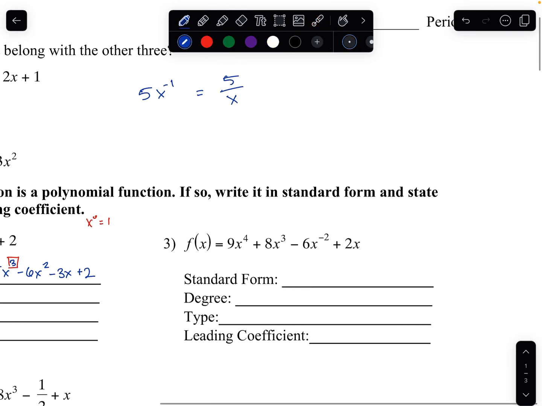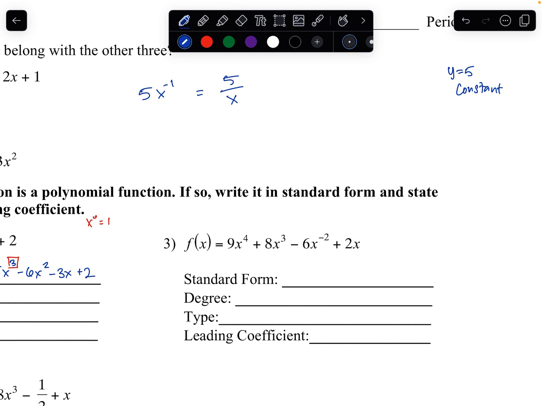You need to remember the types. If x is of degree 0, meaning you just have a constant, so let's just say, for example, y is equal to 5. This has no x term in it. That means x is to the 0 power. This is a constant polynomial function.